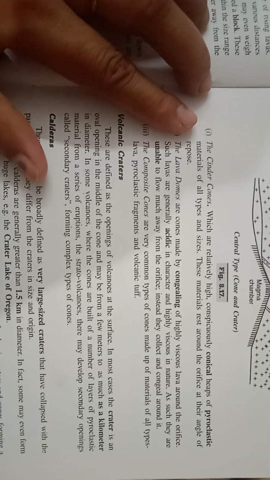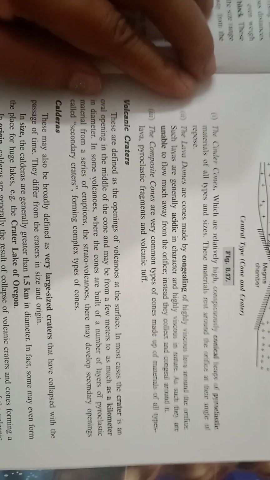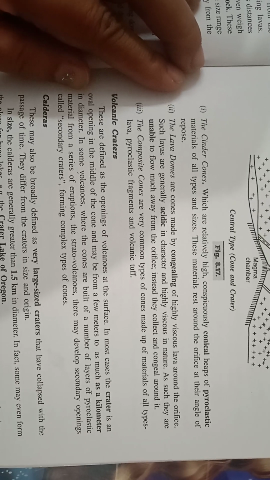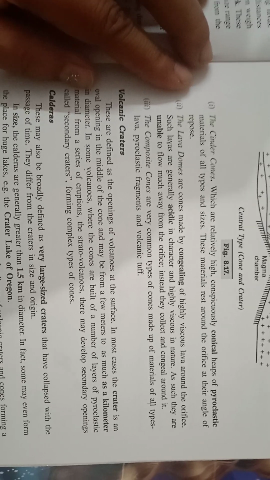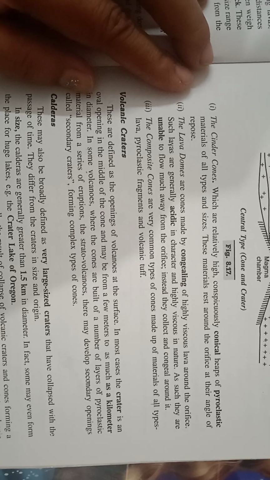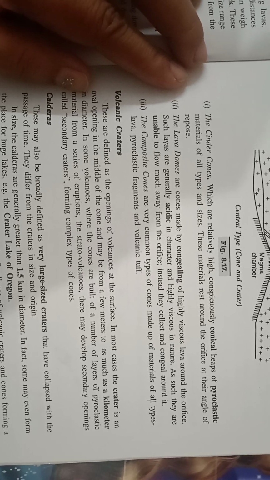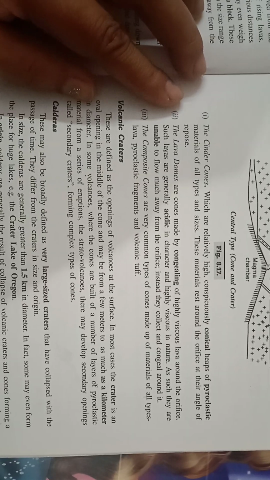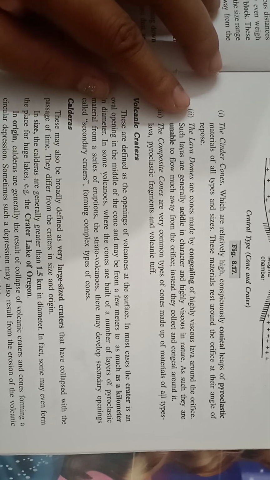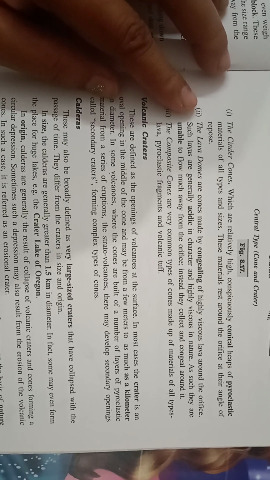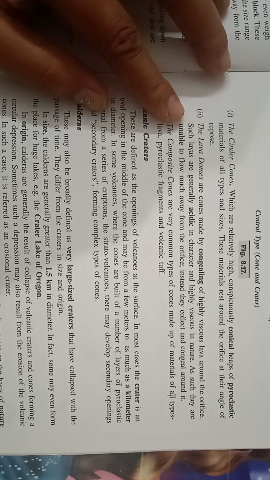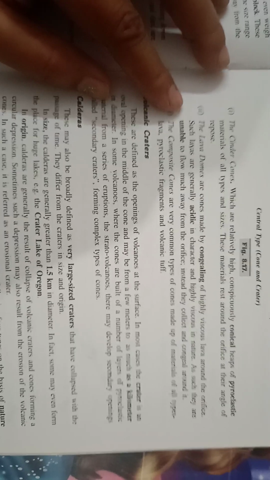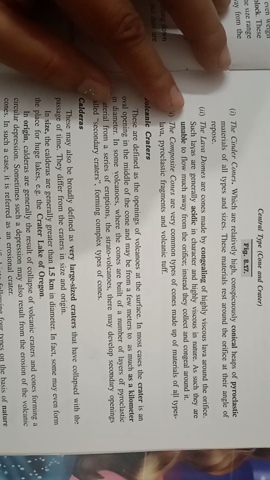The cinder cones, which are relatively high, conspicuously conical heaps of pyroclastic materials of all types and sizes, and these materials rest around the orifice at their set angle of repose. The lava domes are cones made by the congealing of highly viscous lavas around the orifice.